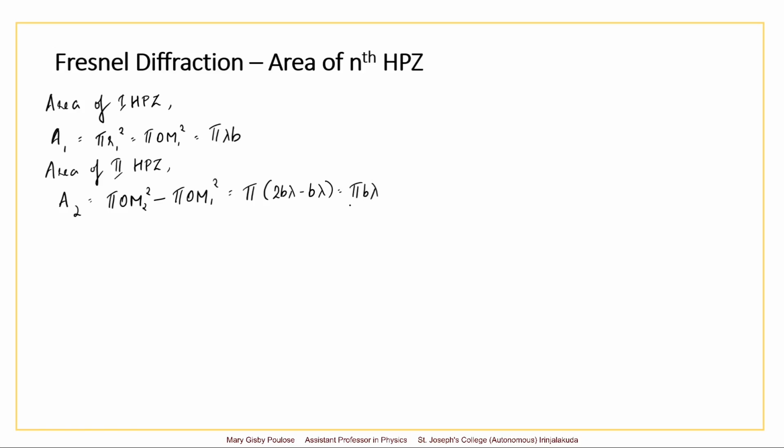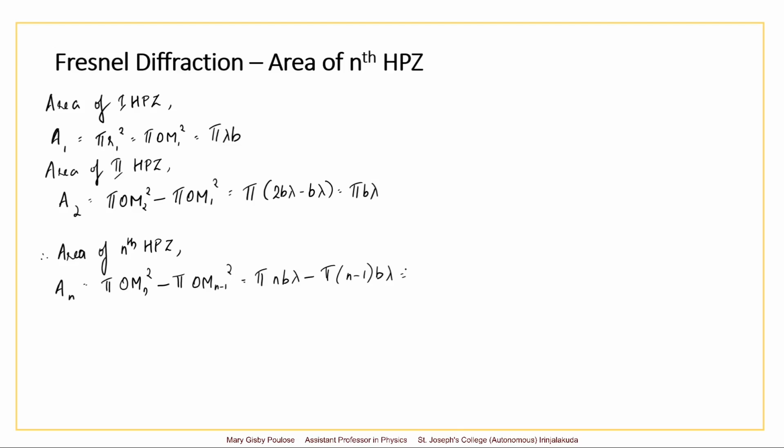Thus the area of the nth half period zone, An, will be equal to pi OMn square minus pi OM n minus 1 square, that is equal to pi nb lambda minus pi n minus 1 b lambda, that is equal to pi b lambda.